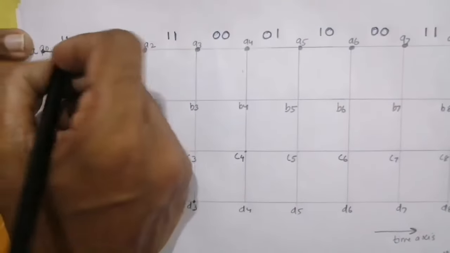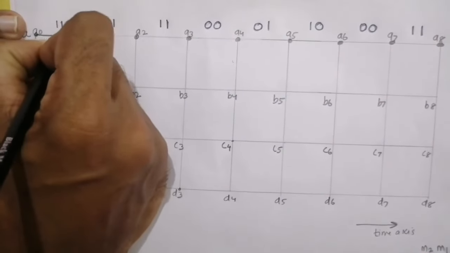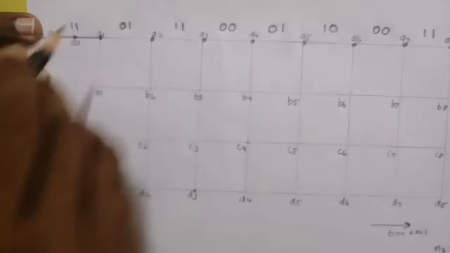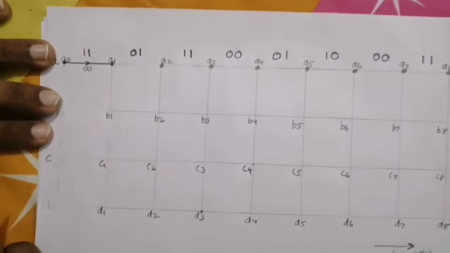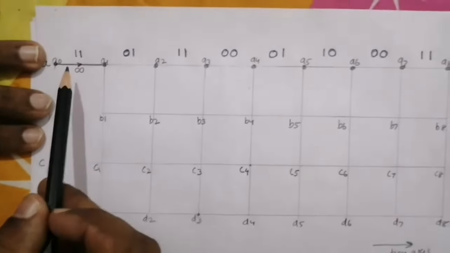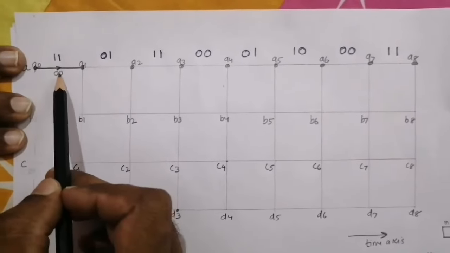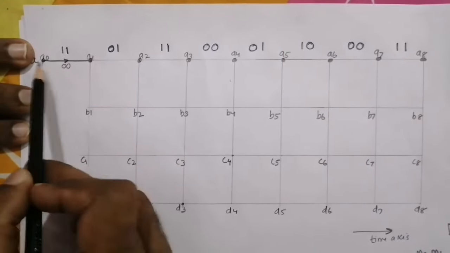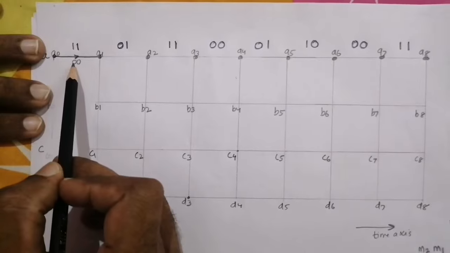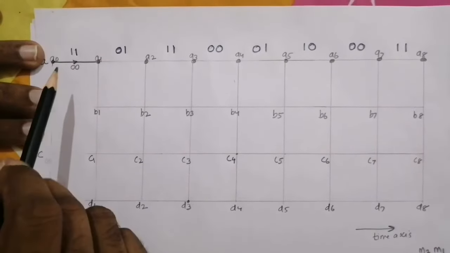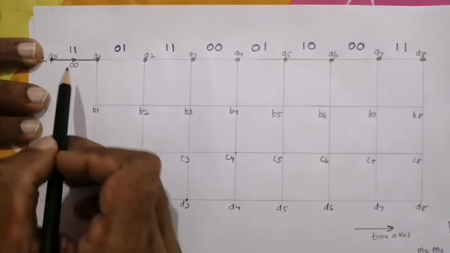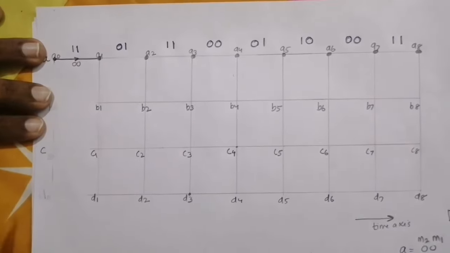The output is 00 and the next state is A1, that is 00 itself. Now we need to find the discrepancy between the output of this particular path and the received sequence, the difference between the coded sequence and the received sequence.